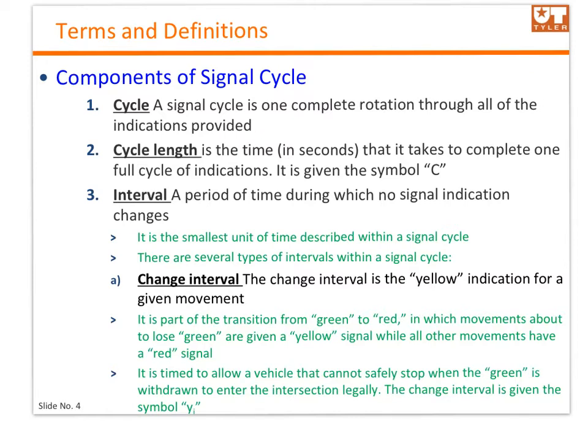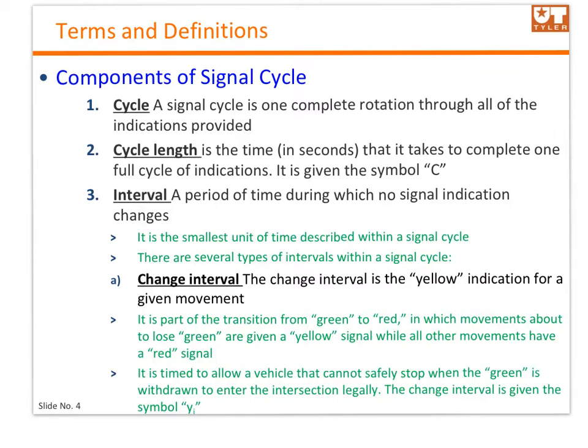The very first interval is the change interval. The change interval is basically the yellow indication for a given movement. This is the time where we see a yellow indication. It's part of the transition from green to red, in which the movements are about to lose green, and therefore we give them the yellow signal, while all other movements have a red signal.